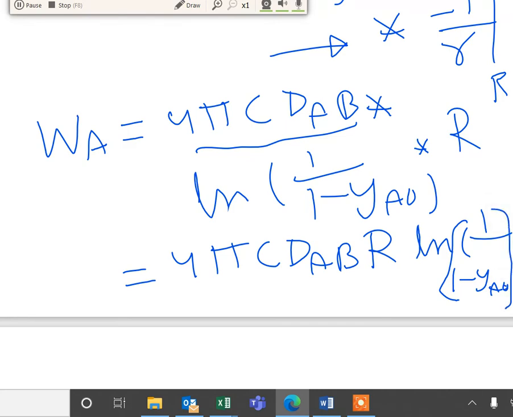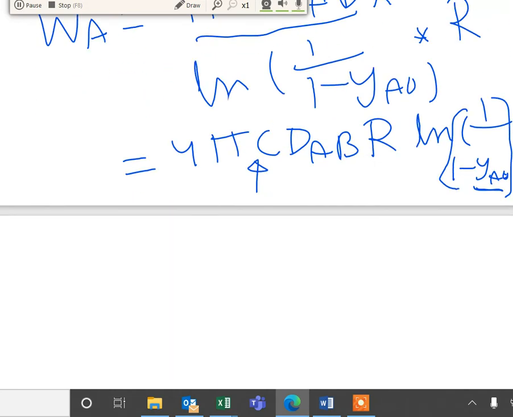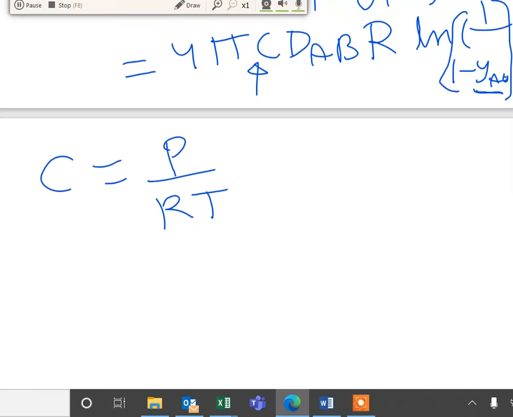Okay, so it depends on DAB, on total concentration, and this is the mole fraction of A at the surface. Okay, the total concentration you can get from total pressure P over RT. DAB is given to you, R is the gas constant, yA0. How to get the yA0?